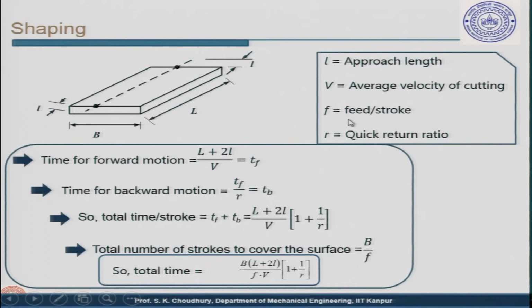Here we have a feed per stroke F, B is the width and L is the length, with the approach lengths considered.